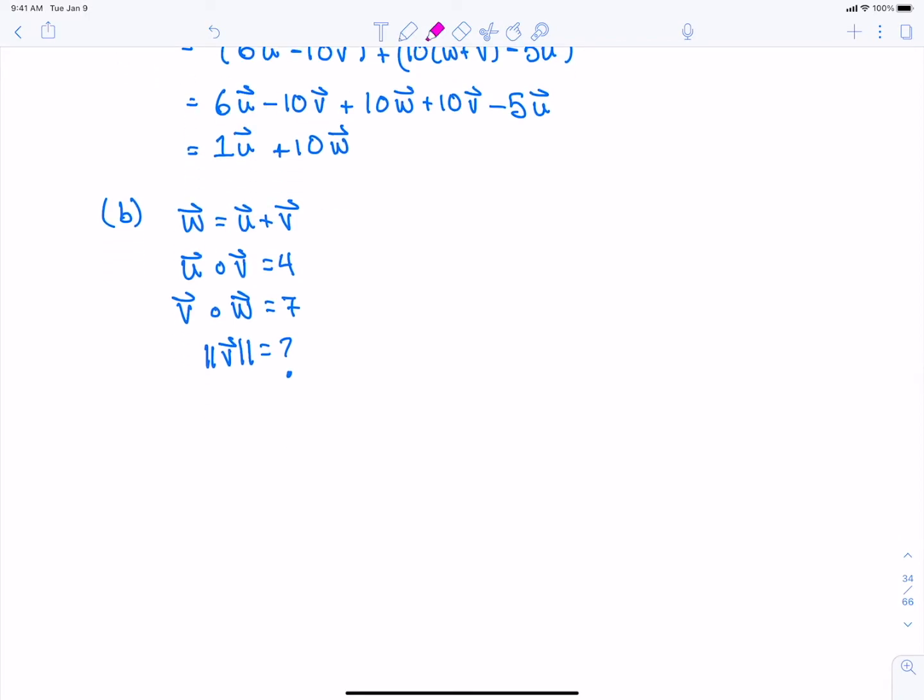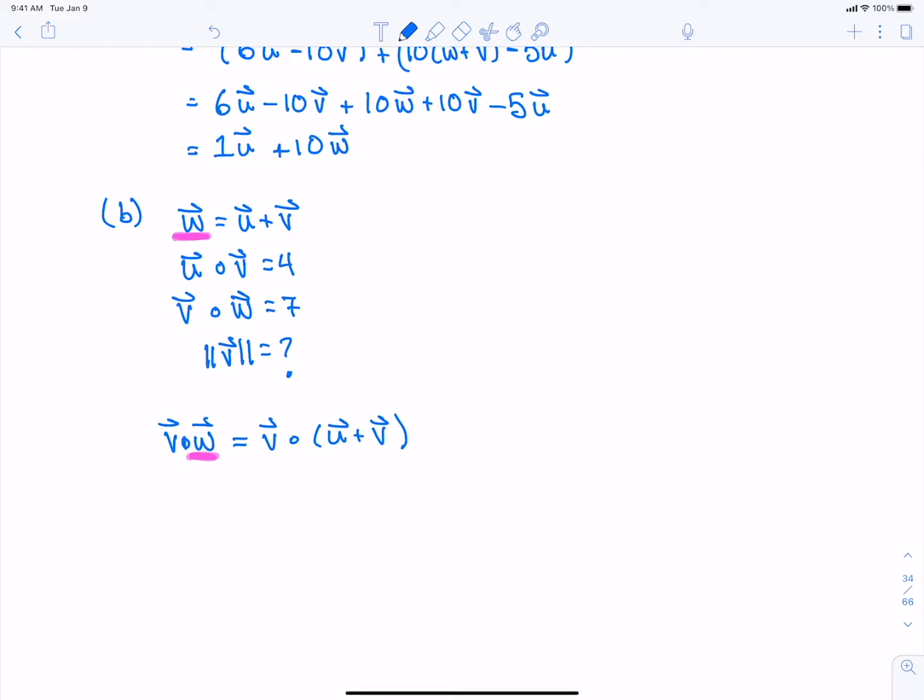Okay, well let's see if we can rewrite this. So remembering things like, here I've got v dot w, and we know that equals 7. But what I could do is say, well, here's this w, and I could rewrite it as that w up there. So I could say v dot, and then that becomes u plus v.